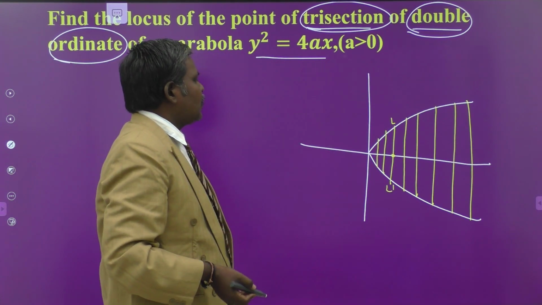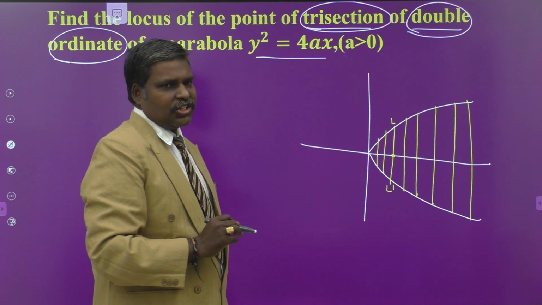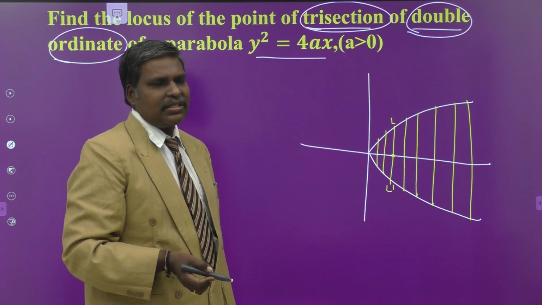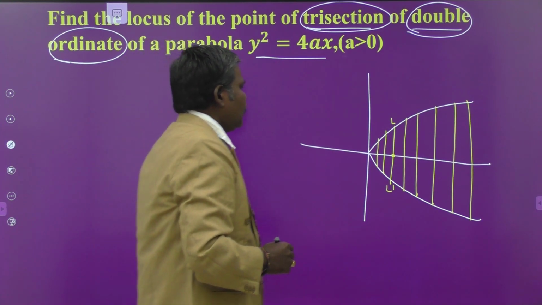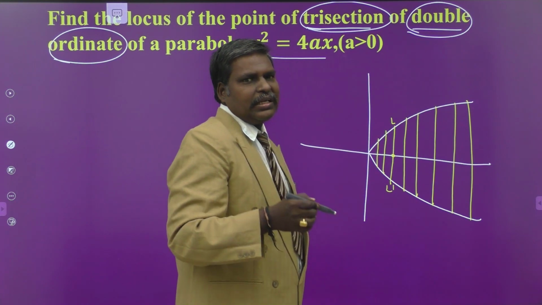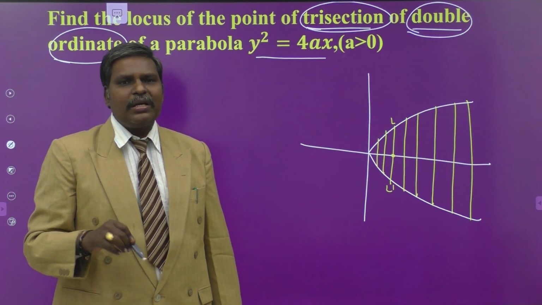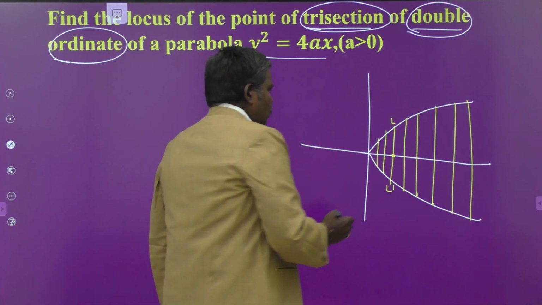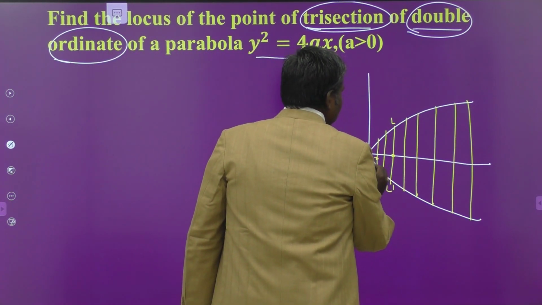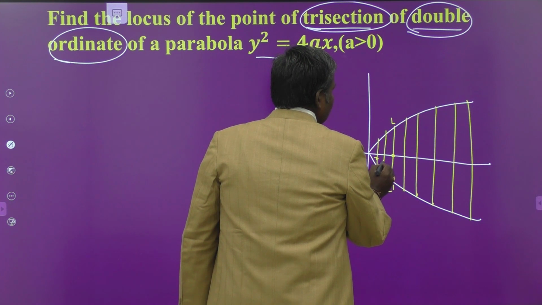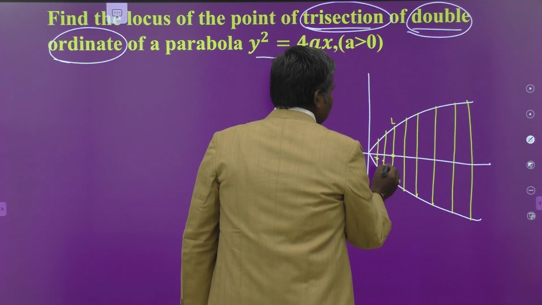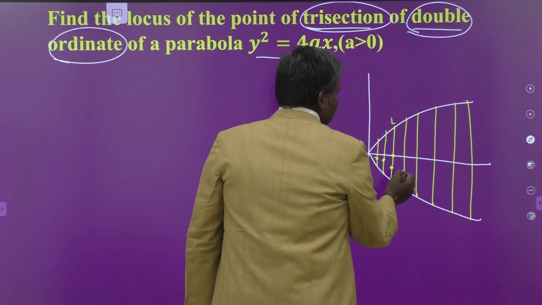We have to collect all the trisection points, you get some locus, that is what you are going to find out here. By trisection point we mean the point that divides the segment in the ratio either 2:1 or 1:2. Suppose this is the point which divides in the ratio 2:1. This is the point, this is the point.